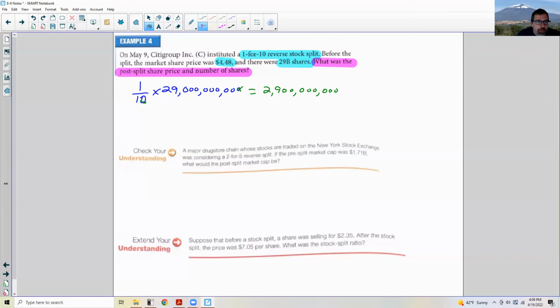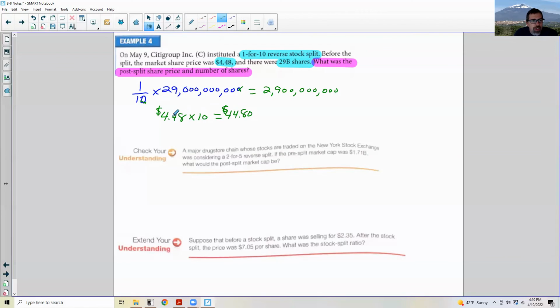Now, talking about the price of the shares being $4.48. Okay, so before the split, the price was $4.48 per one share, and we're taking 10 shares and making them 1, so we're going to multiply by 10, and it's going to be $44.80 per share. Okay, so why would a company do that?